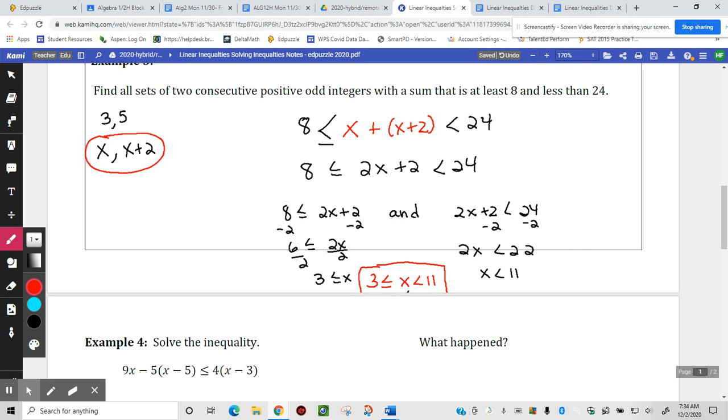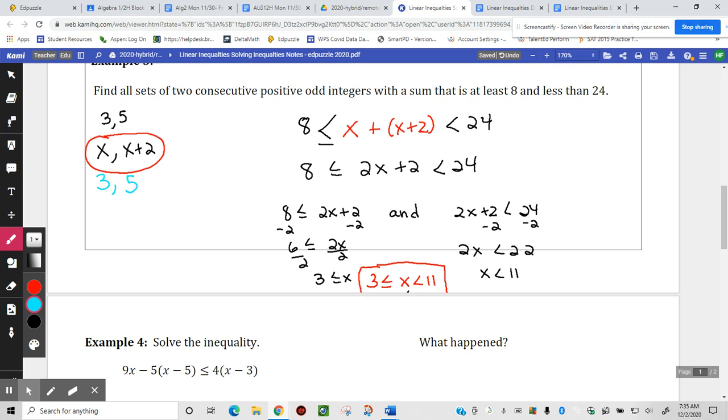What does that mean? That's what x could be. But this was a problem where it said find all sets of two consecutive positive integers where the sum could be at least 8 and less than 24. So this is saying that x could be 3. If x was 3, then my next number would be 5.